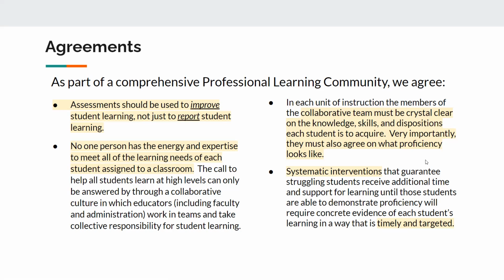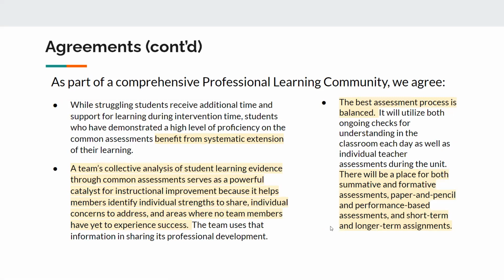And then finally on this slide, PLCs believe that systematic interventions need to be timely and targeted. And this term here, systematic, is so important because it means we're not just leaving it to chance that students are going to receive interventions, what they'll receive, or when they'll get it, but we have devised a system that supports that.